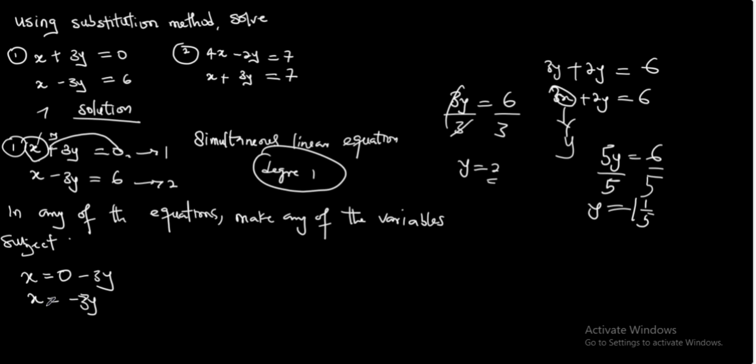This equality sign tells us that wherever I see x, minus 3y can stand for it too. That is, x is the same thing as minus 3y. So I now have a value for x in terms of y. So since I've made x subject of formula in equation 1, I now substitute for x in equation 2.